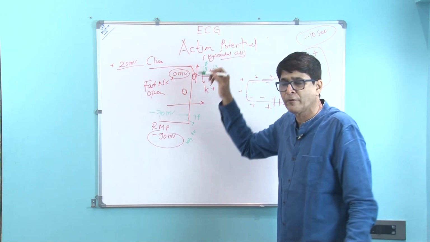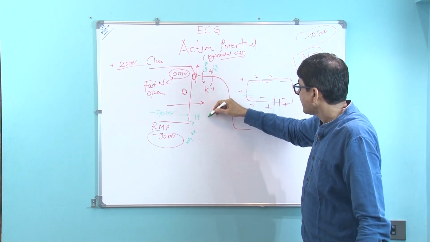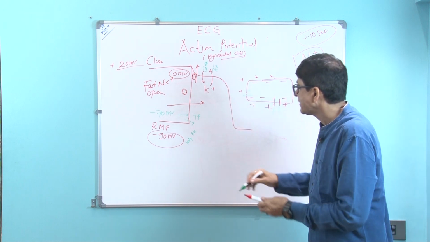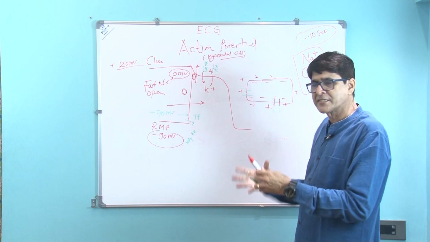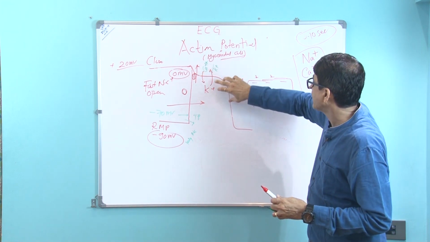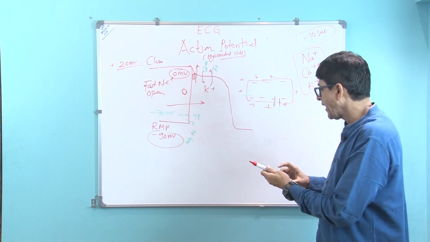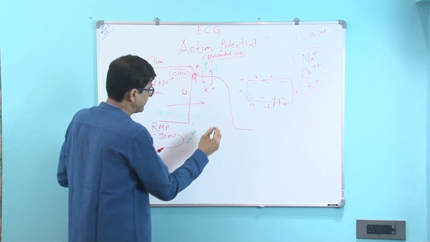Calcium is very important for cardiac contractility. When calcium enters, it causes sarcomeric calcium to come out, and then cardiac contraction or systole takes place. This potassium is going out, so it is equal. So phase 2 becomes a plateau phase.